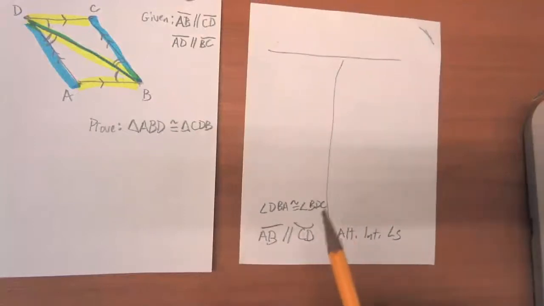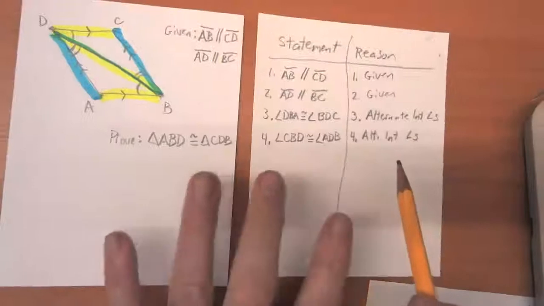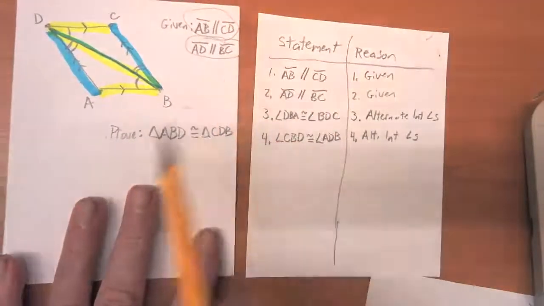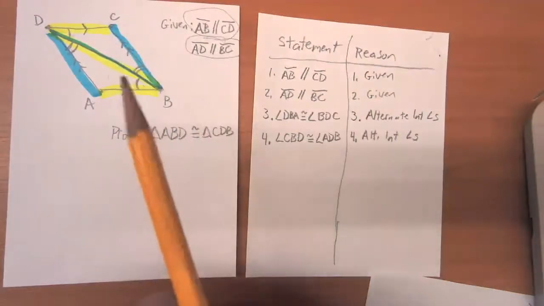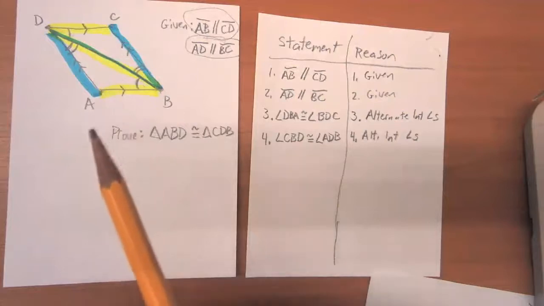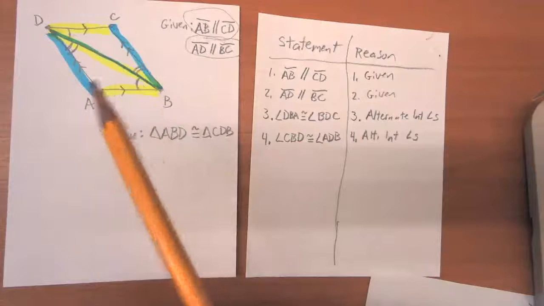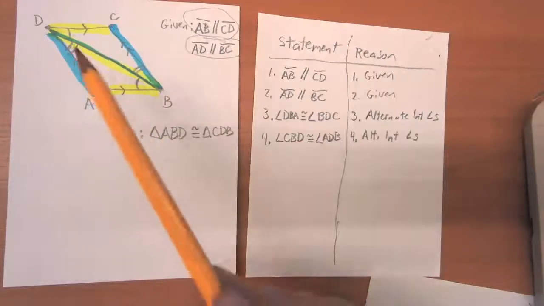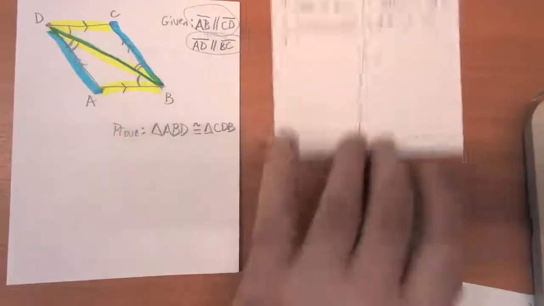So notice the reasons that make you think about alternate interior angles as a reason. In this first proof we looked at, we were given that sides were parallel. And when you're given that sides are parallel, you need to look for alternate interior angles. You might also look for corresponding angles. That's another possibility. But alternate interior angles are more common as things that come up when you know that there are parallel lines. You want to look for that shape.